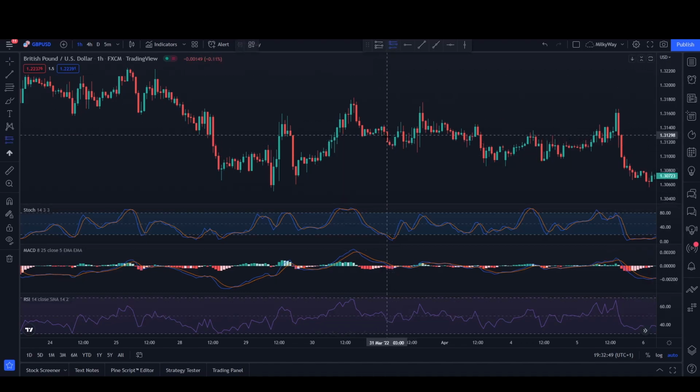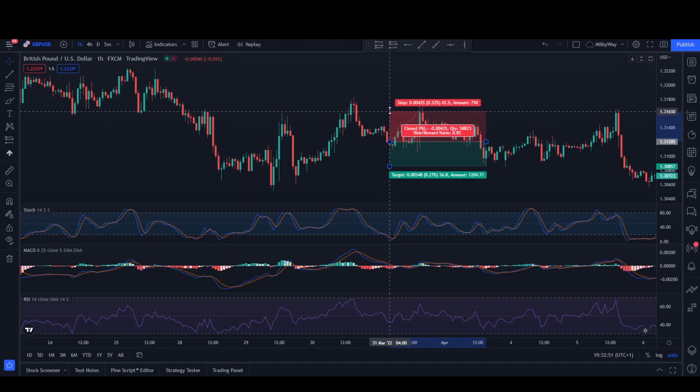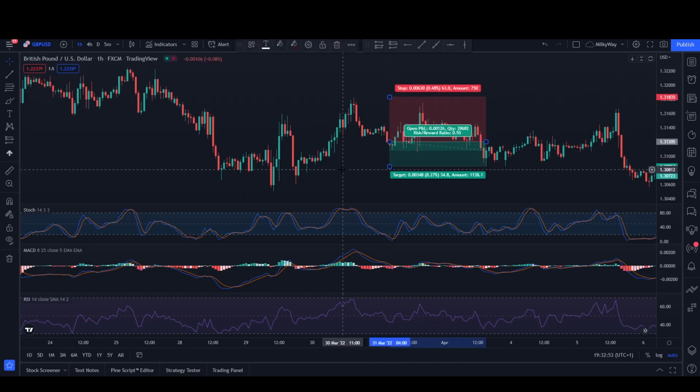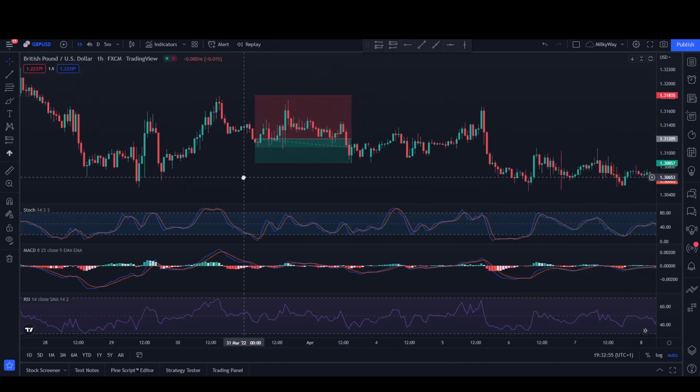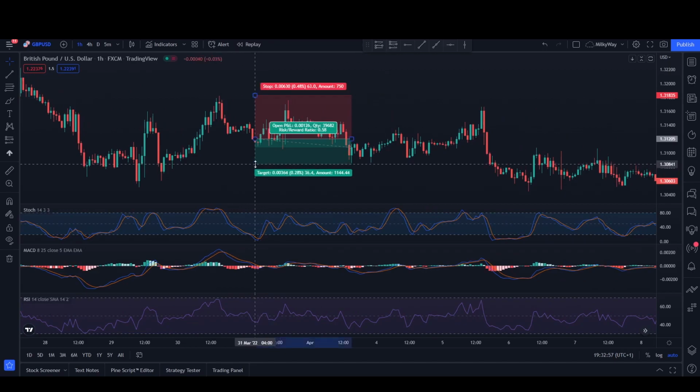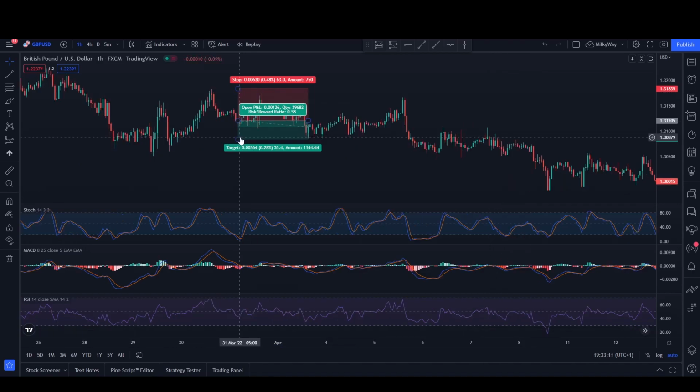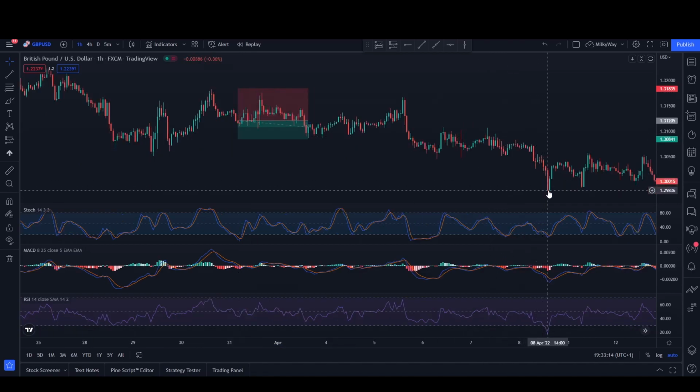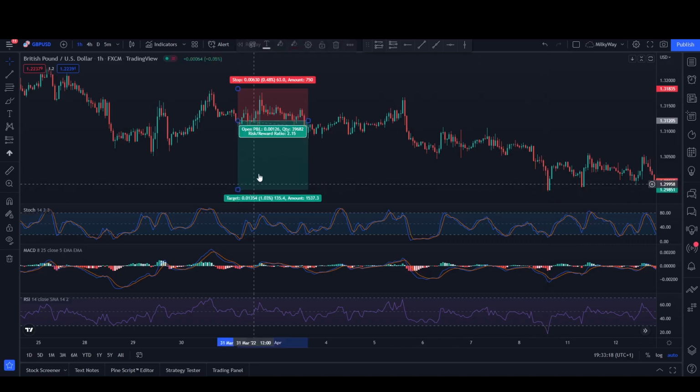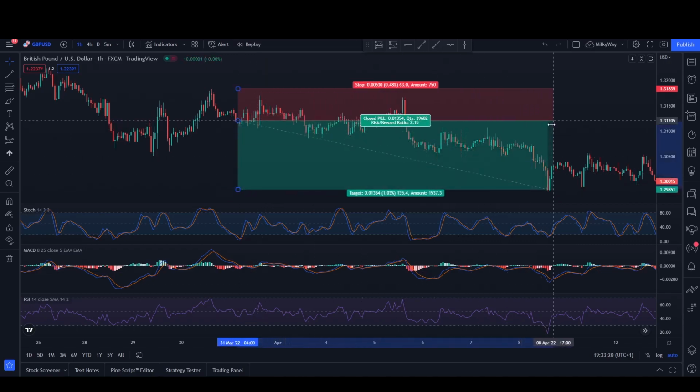So we would go short right here, place a stop loss at the last swing, and then we would close the position next time both stochastic and the RSI are oversold. In this case, it would be after this candle, which would give you a 1 to 2.5 risk to reward ratio. So that's pretty good.